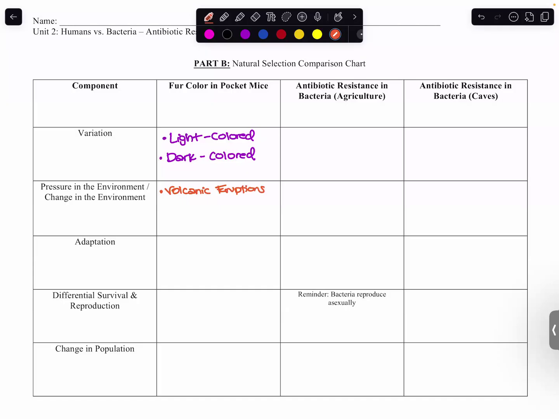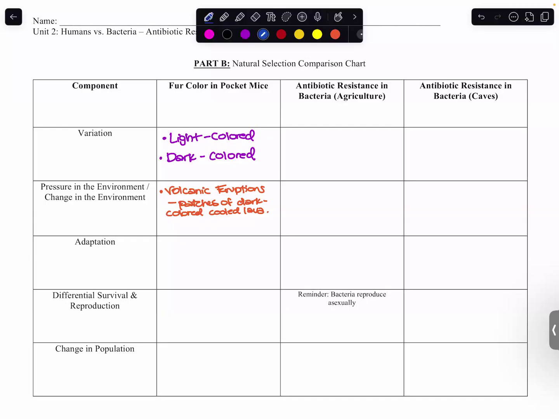And if we remember, the volcanic eruptions resulted in patches of dark colored, cooled lava, right, on the desert floor. That was the change. Remember, the entire desert floor was sandy, right? It favored the light colored, but then the volcanic eruptions occur and it had large patches of dark colored, cooled lava.